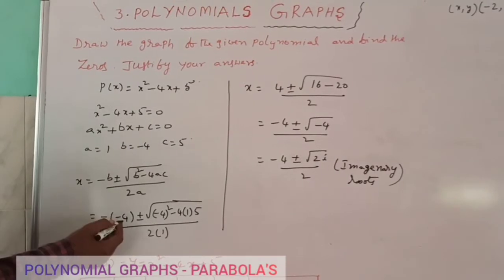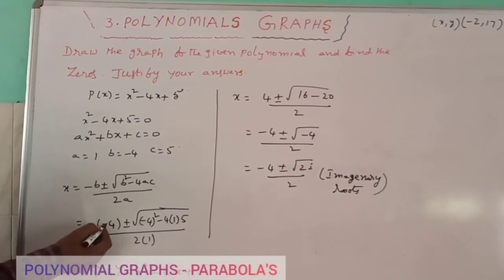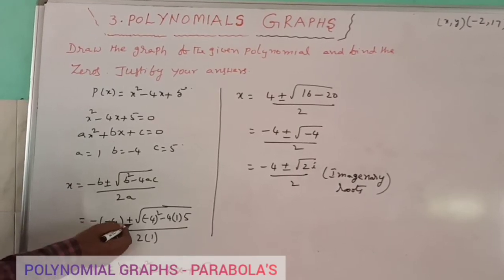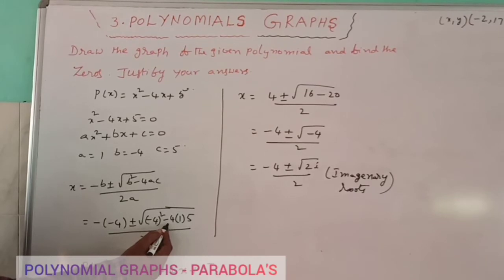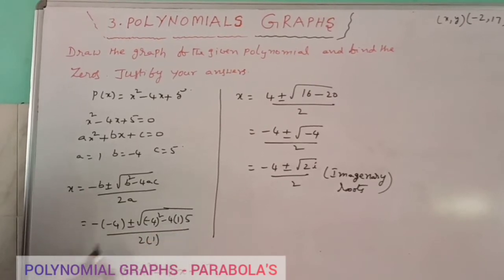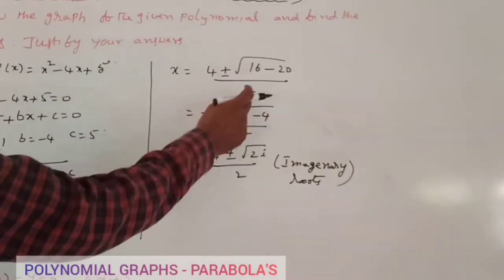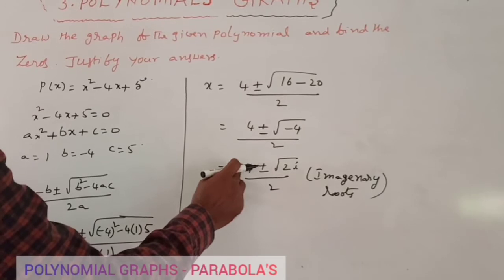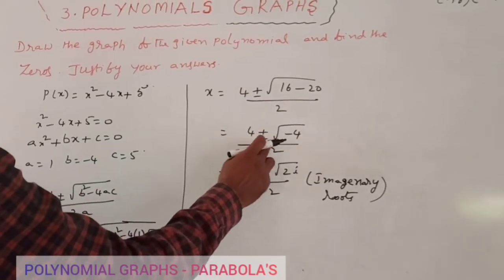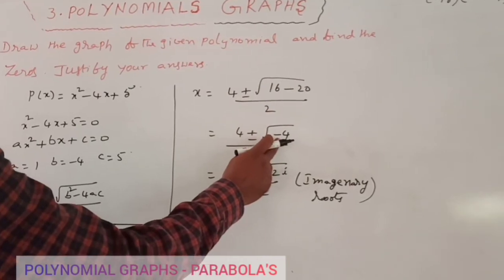Then these values are substituted in this formula and simplified. x equals 4 plus or minus root of 16 minus 20, by 2. That gives 4 plus or minus the square root of minus 4.